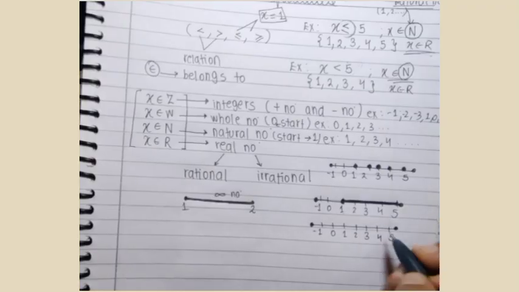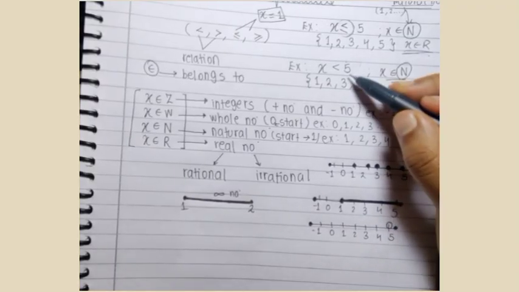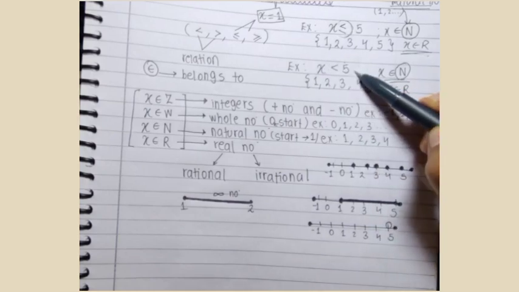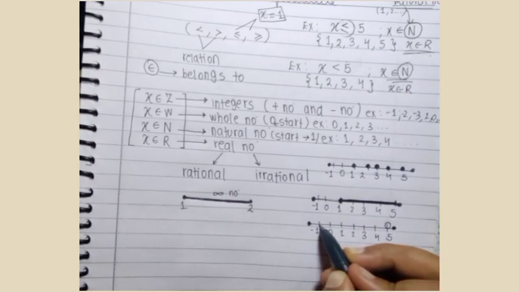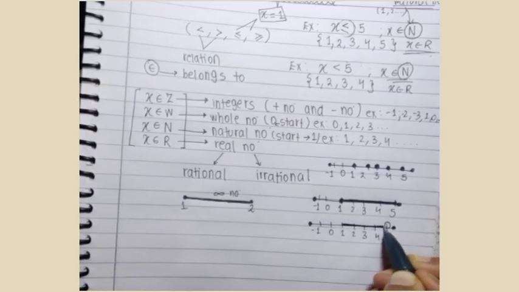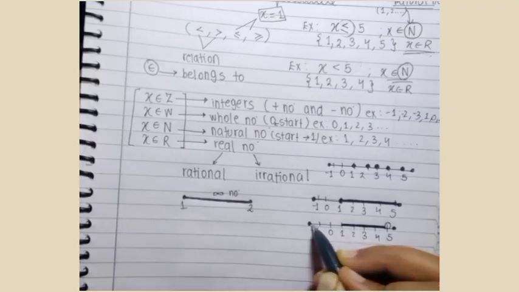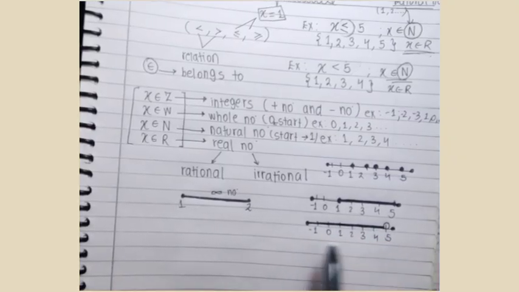You will draw an empty circle over 5 because 5 is not included, since x is not equal to 5. You'll draw a hollow circle and you will color the parts from here to here, because our real numbers can go to infinity.